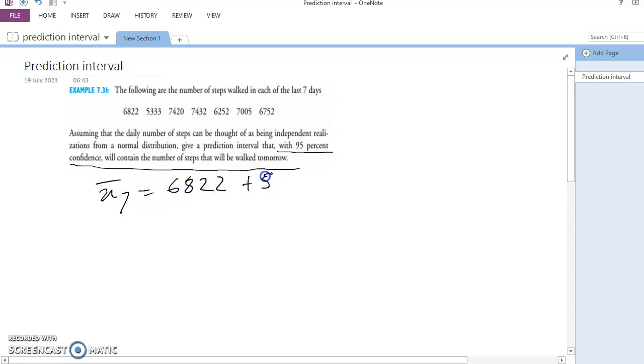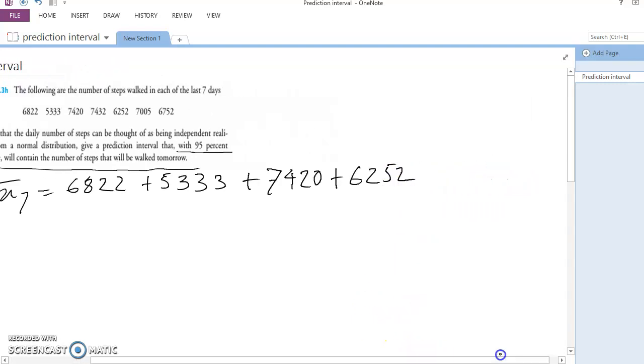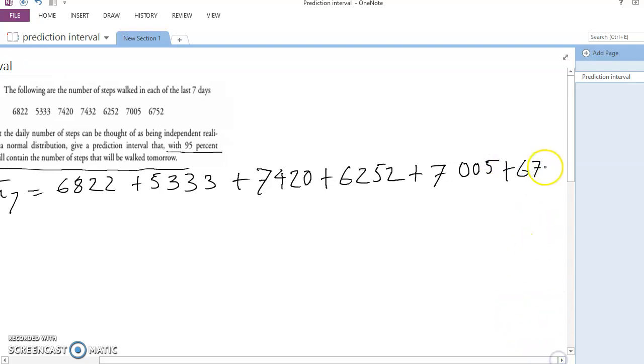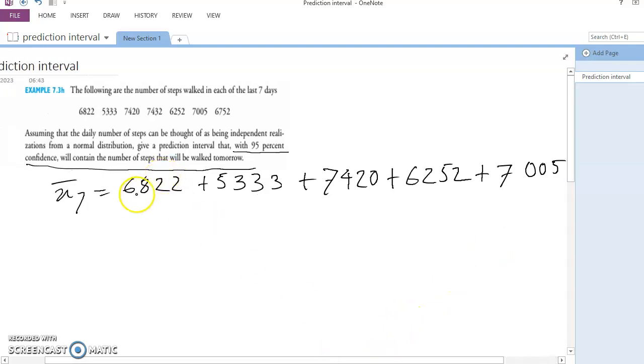6822 plus 5333 plus 7420 plus 7432 plus 6252 plus 7005 plus 6752. This is the way I have to find the mean, so it is divided by 7.